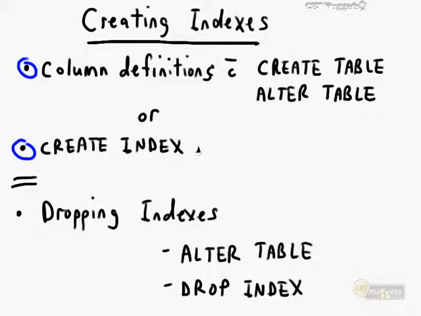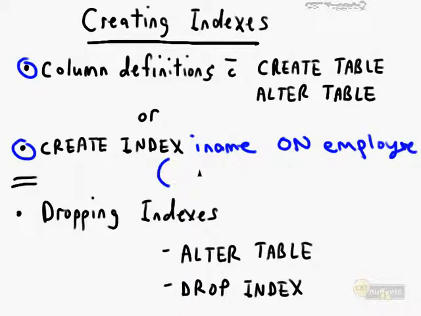Create index, and then optionally you can provide a name. I'll just say iname here. Then you'd specify on the table, and then after that, in parentheses, the name of the key column. So let's say we wanted to create a character-based index based on the last name column. And moreover, because this is a character-based column, we'll make use of prefixing to save ourselves some disk space.